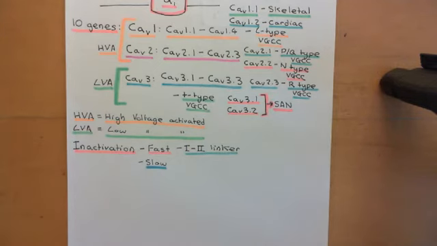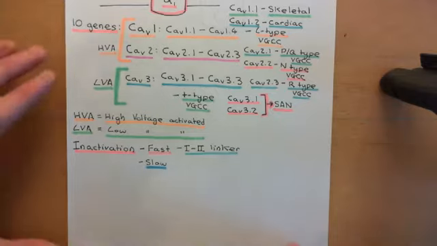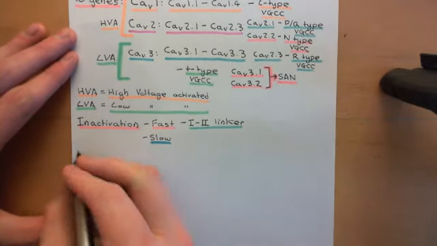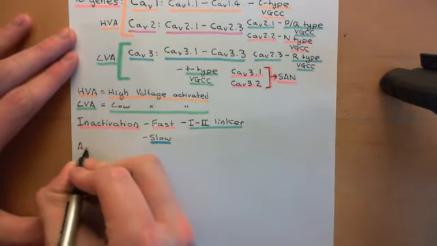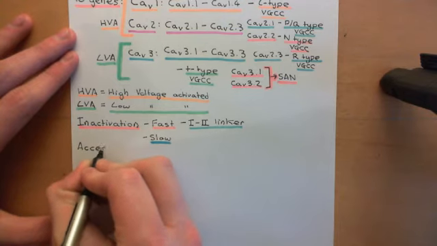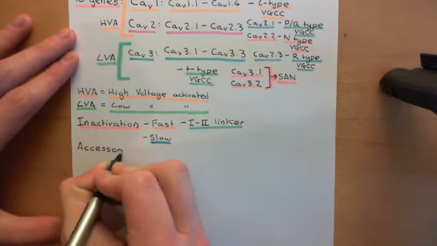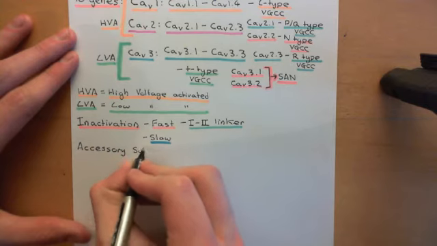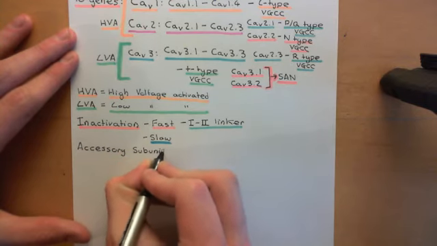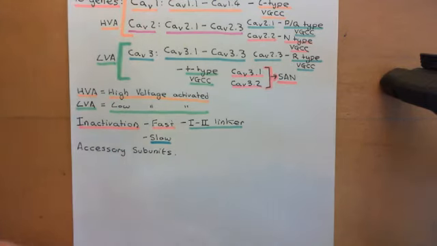Okay, so now what I want to turn my attention onto is the accessory subunits of voltage-gated calcium channels, and this is a big thing for voltage-gated calcium channels. There are 3 different types of accessory subunits that you can have joined onto the alpha 1 subunit of a voltage-gated calcium channel.